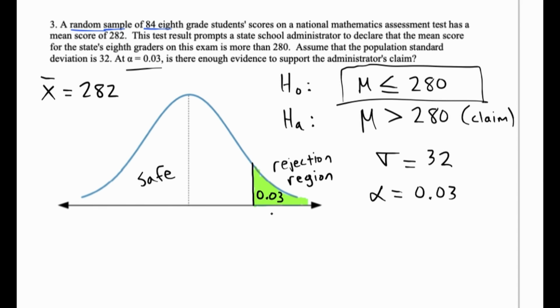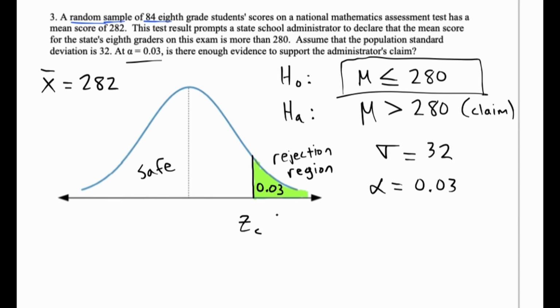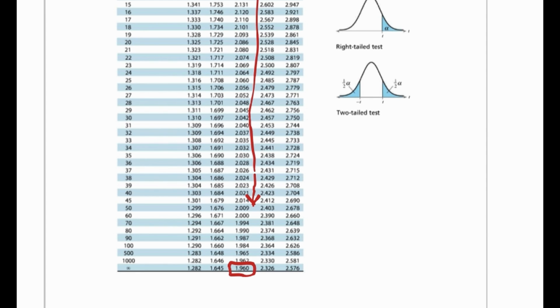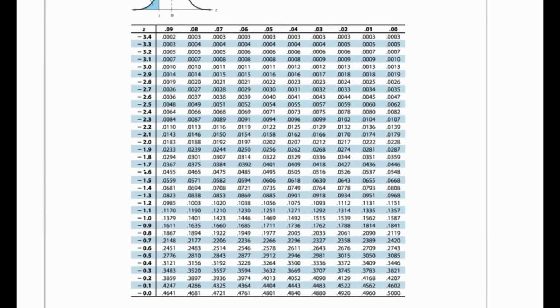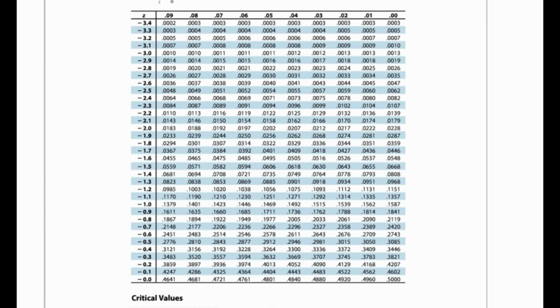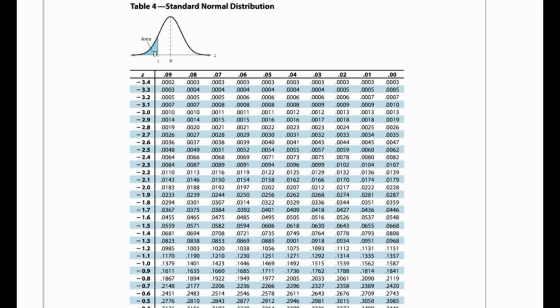And we have to look up on a normal table what Zc corresponds to that tail size. I'm just going to look in the standard normal table, and by default it tells me the left tail and the Z that goes along with that left tail. I see right here there's an area of 0.03.